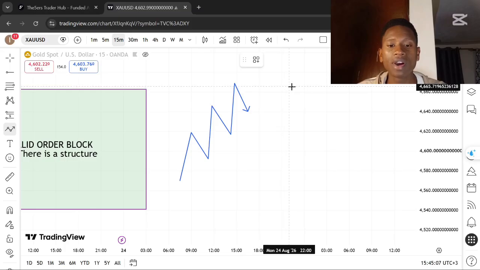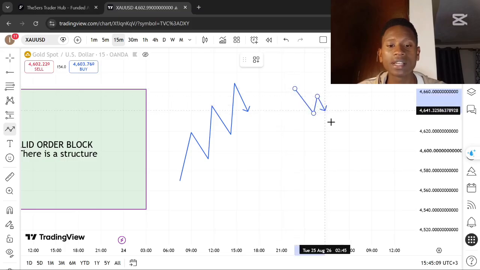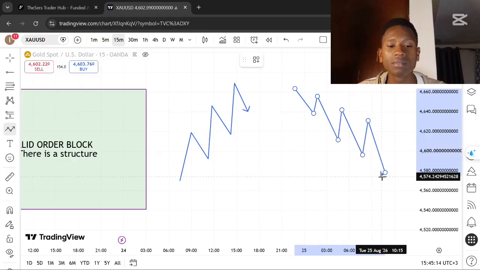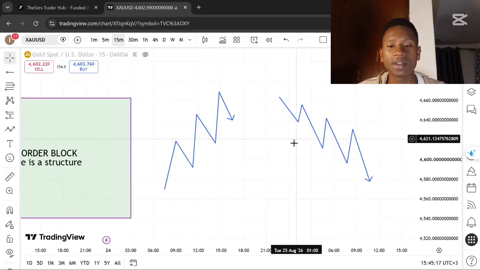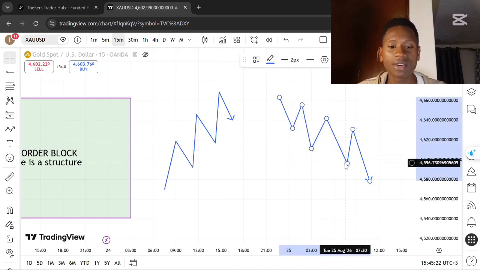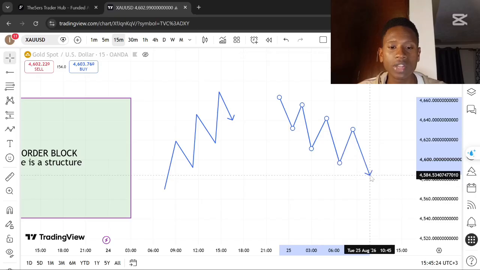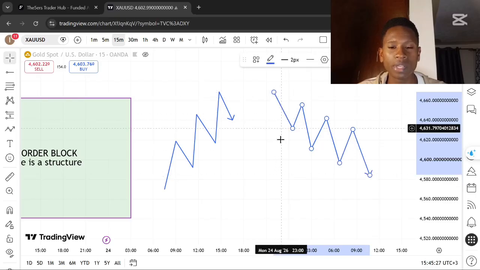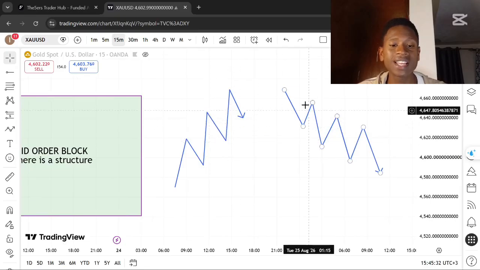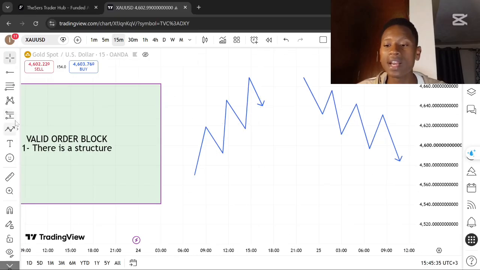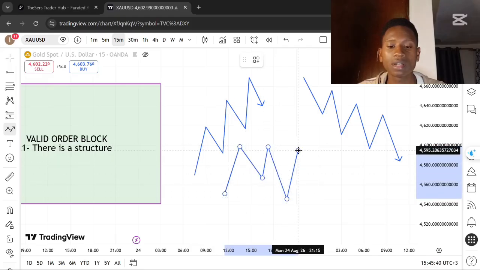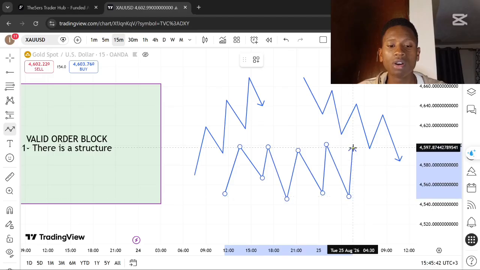If the market is doing this, that tells you the market is bearish. Sorry about my drawing, I know I could do better than this, but you get the point. This is a bullish trend. This is a bearish trend. Then we have this, which is what we call a consolidation.